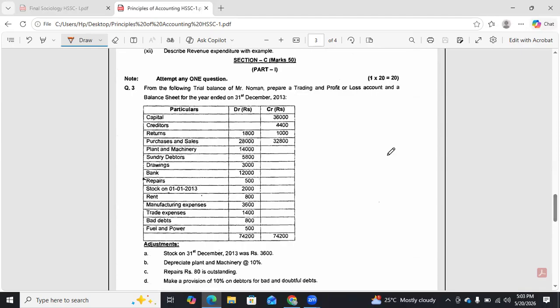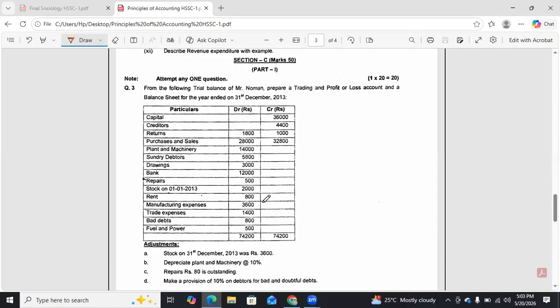From the following trial balance of Mr. Noman, prepare a trading and profit or loss account and a balance sheet for the year ended 31st December 2013. These are the particulars. This is the debit side, this is the credit side, and the totals are equal.